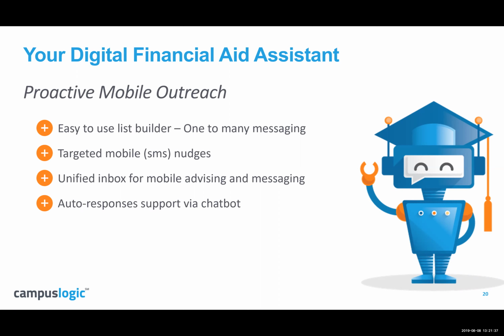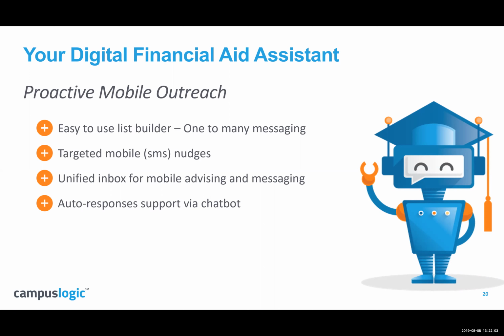But, for example, let's say that I have a set of students who are continuing students, but they haven't filled out their FAFSA for this coming year. I would be able to create a list of who hasn't completed the FAFSA but is already enrolled, and the system would generate the list for me. I can then compose a message and broadcast that message out through text messaging to all of my students.